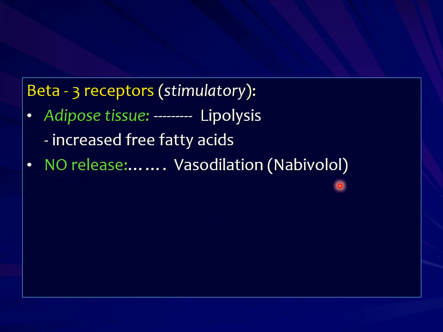Nebivolol acts through increased nitric oxide release by acting at the level of beta 3. So these were the discussions as far as the concept building of the activity of the sympathetic nervous system is concerned. Now we will start the proper discussion on the sympathomimetics. Thank you very much.